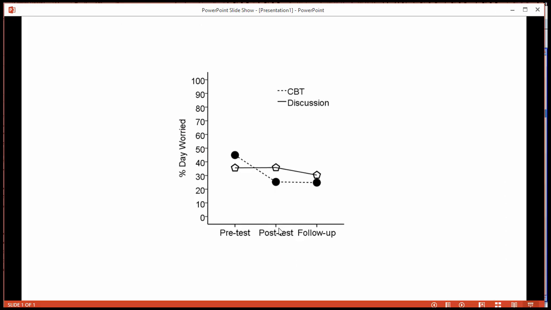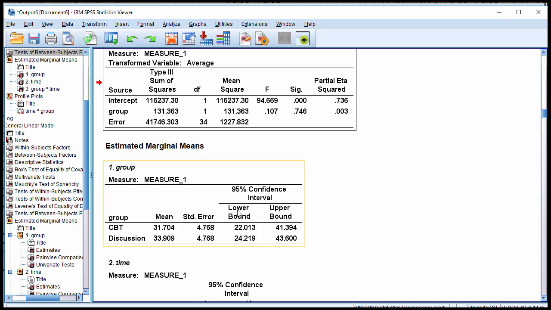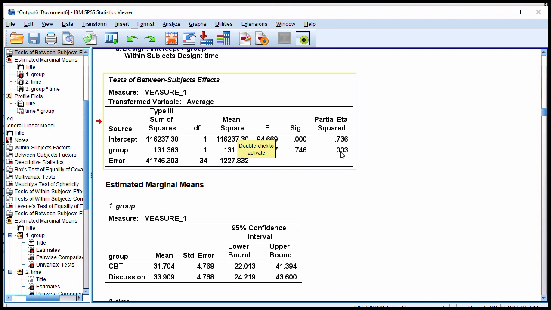So what that would look like is if I collapsed all the levels together, pre-test, post-test, and follow-up, and got an average of that for discussion, and got an average for CBT, is there a difference between the two groups collapsing across the 3 levels? You wouldn't expect it to be different in this sort of study, and ultimately you wouldn't want to be able to interpret the main effect, even though the between subjects ANOVA was not statistically significant for the omnibus main effect.